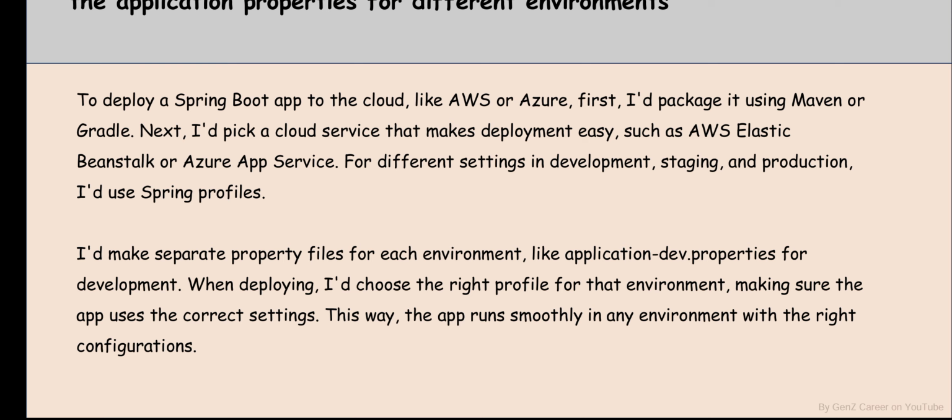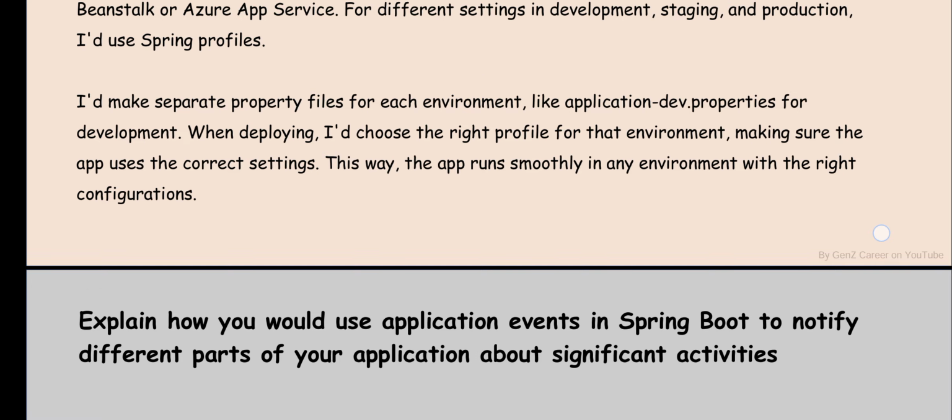I would make sure to have separate property files for each environment, like application-dev.properties for development. When deploying, I would choose the right profile for that environment, making sure the app uses the correct settings. This way the app runs smoothly in any environment with the right configurations.